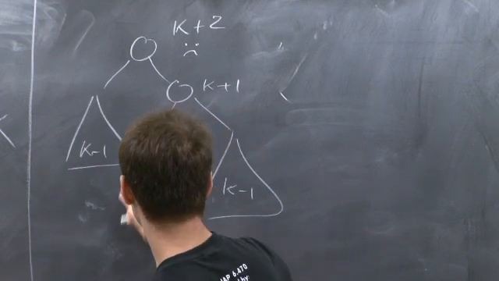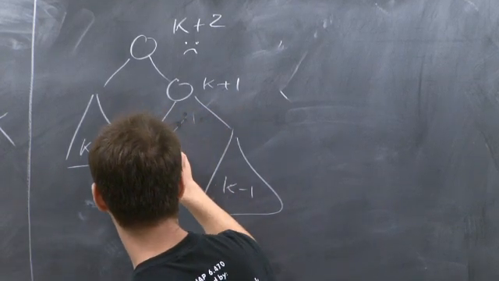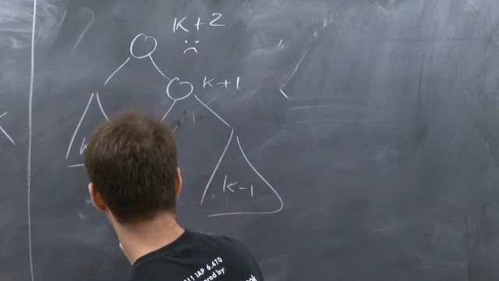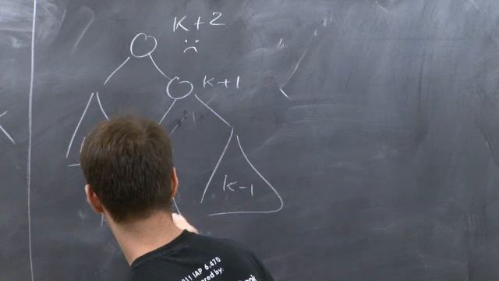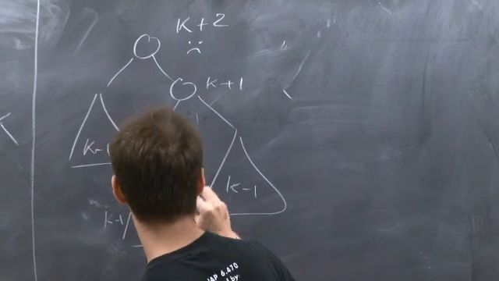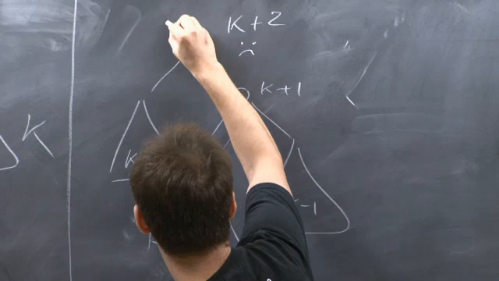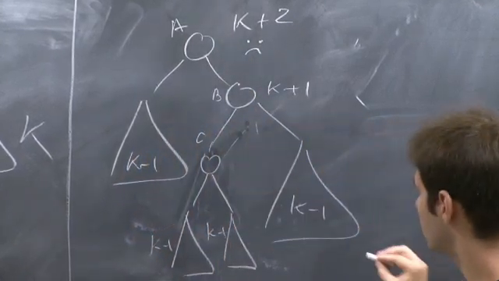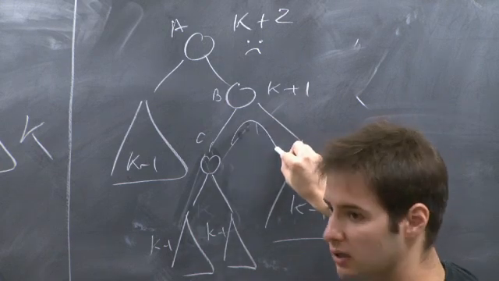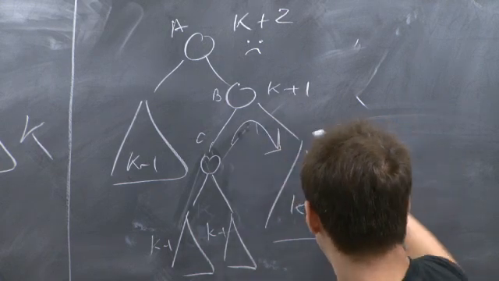So let me break this up so we can see how that would work out. These two are K minus 1 and K minus 1. And these nodes are A, B, and C. So you're saying do a right rotation here, right? Let's see what that gets us.